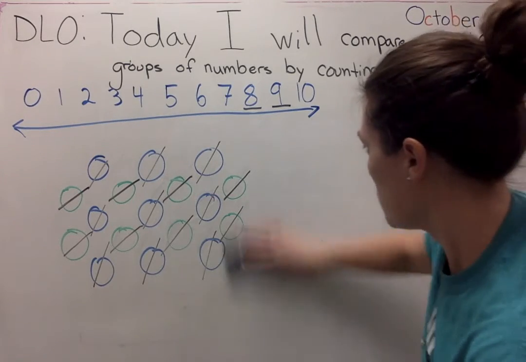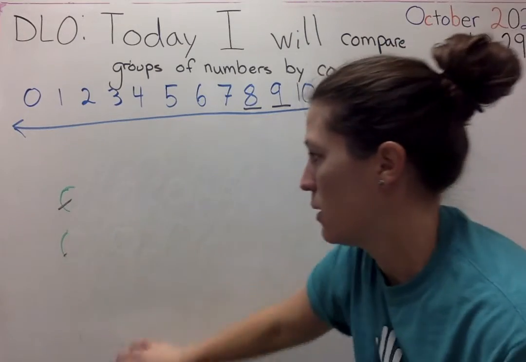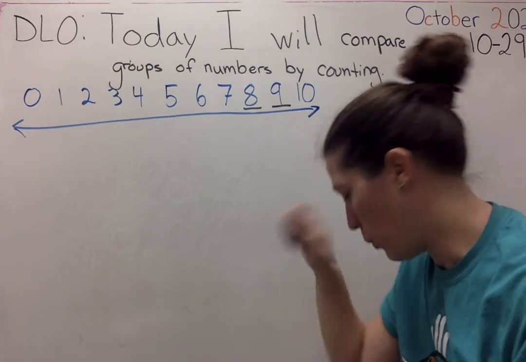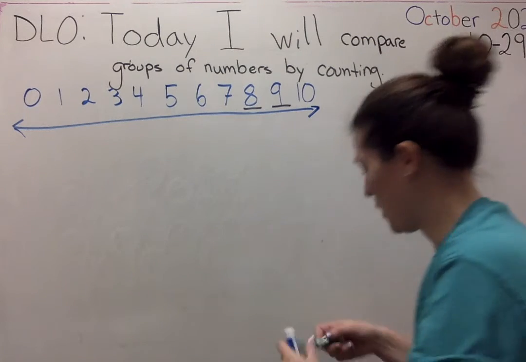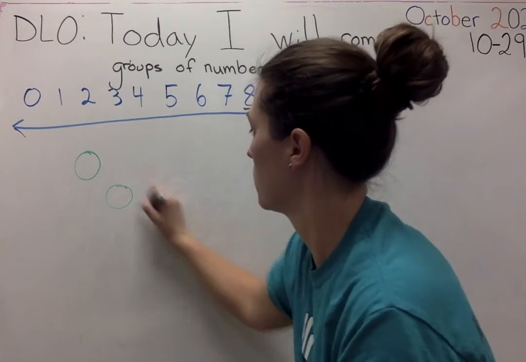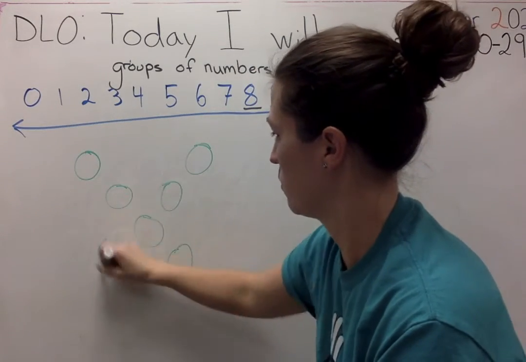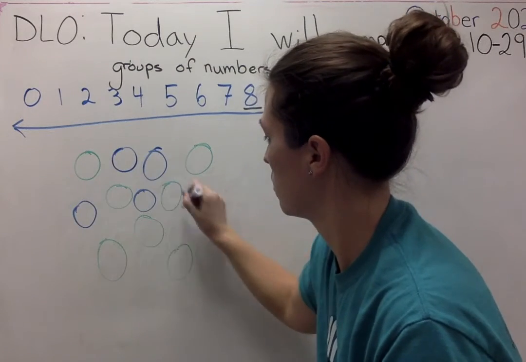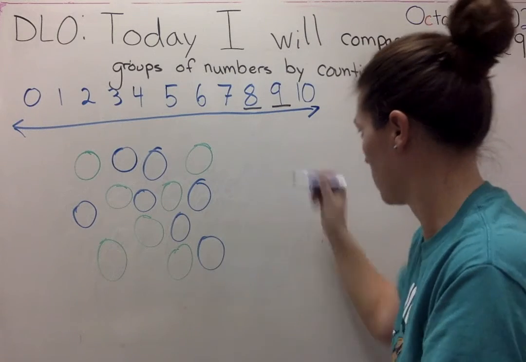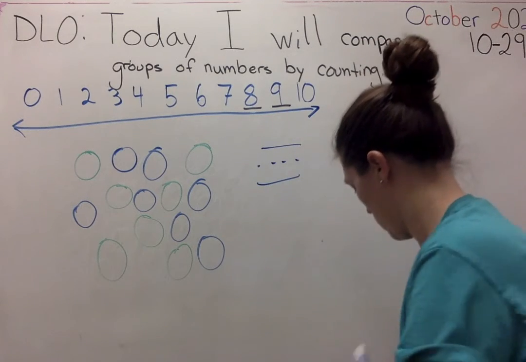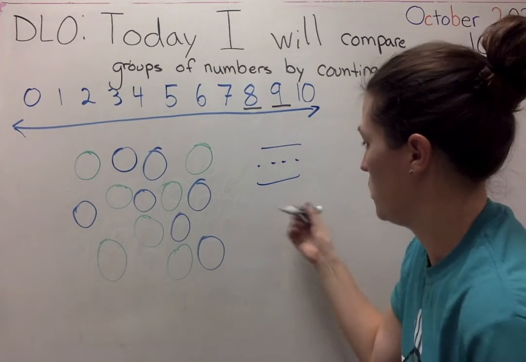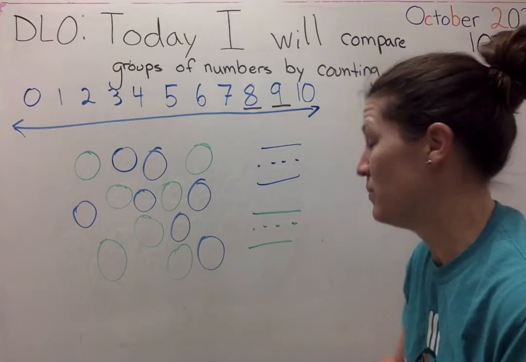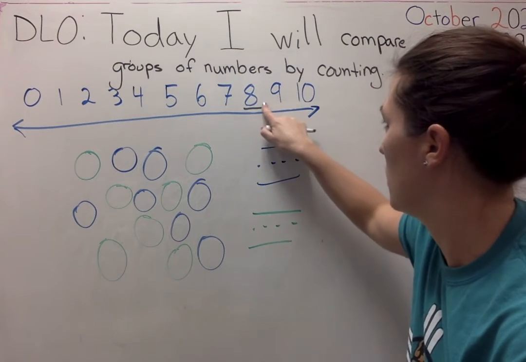This time, if it's greater, I'll circle it. If it's less, I'll put an X, and if it's equal, then we will circle both of them. Okay, let's see here. I'm going to use the crossing out strategy again so that I can keep track of the numbers I'm counting.